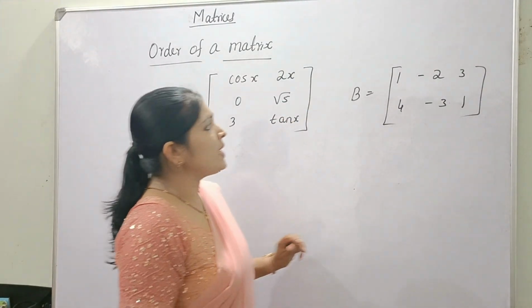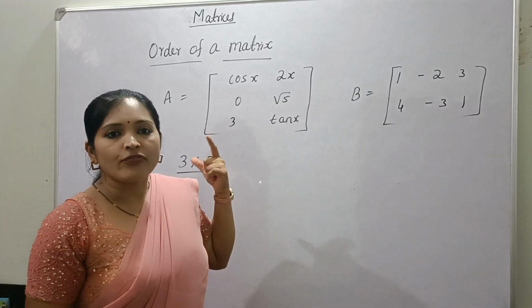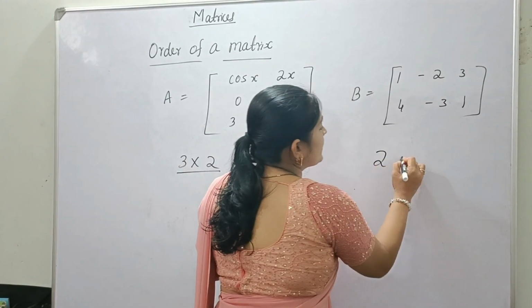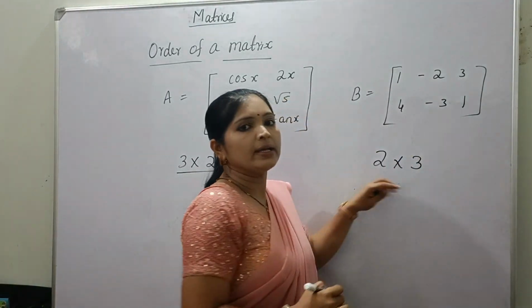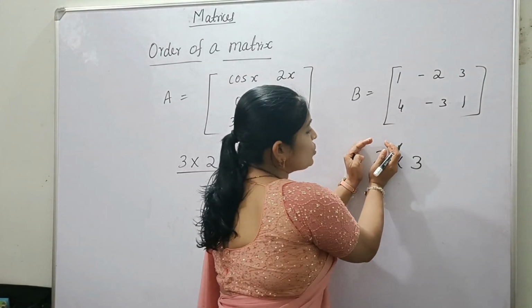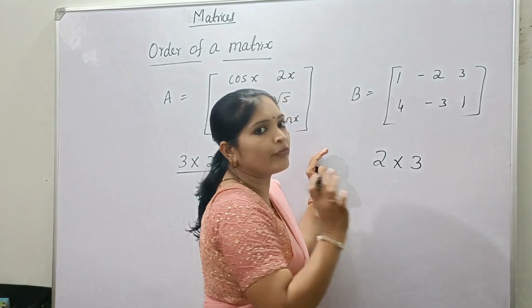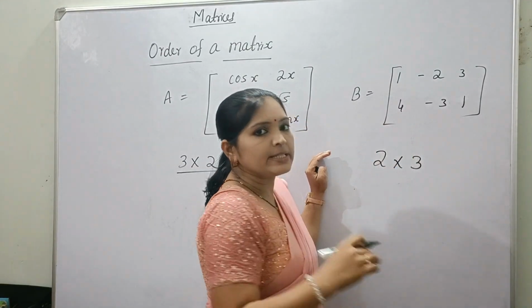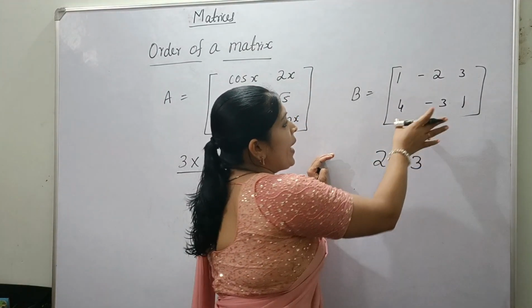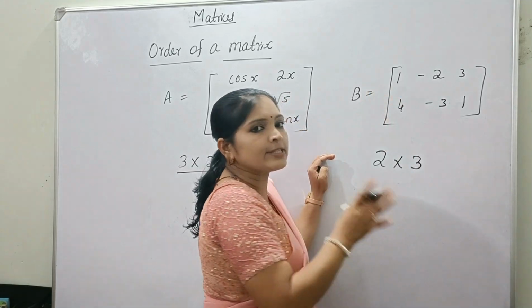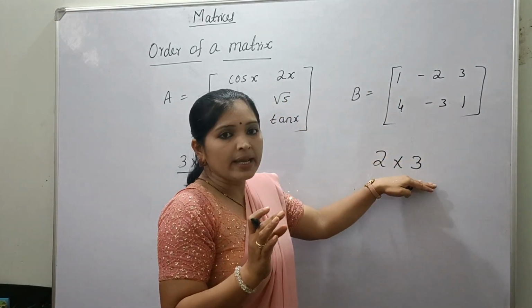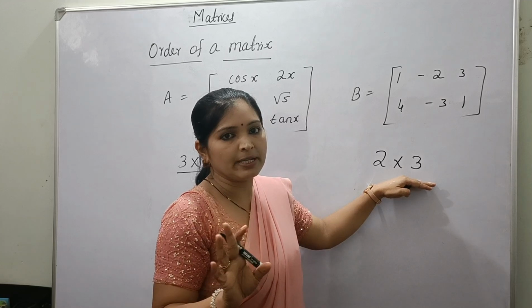And matrix B is a matrix of order 2 by 3: 2 rows and 3 columns. The first number represents the number of rows, the second number represents the number of columns. So B is a matrix of order 2 by 3 and it has 6 elements.